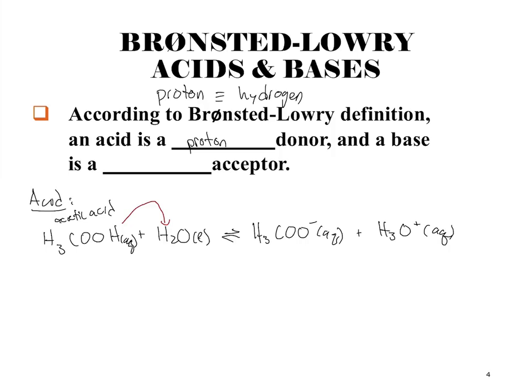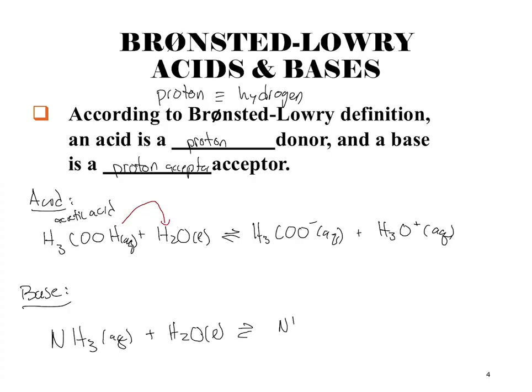And a base is going to be a proton acceptor. So if we have something like ammonia, like we just had on the previous page, and we put it in an aqueous solution, a solution of water, that will become NH4 plus because it's a proton acceptor. And it creates OH minus in solution.